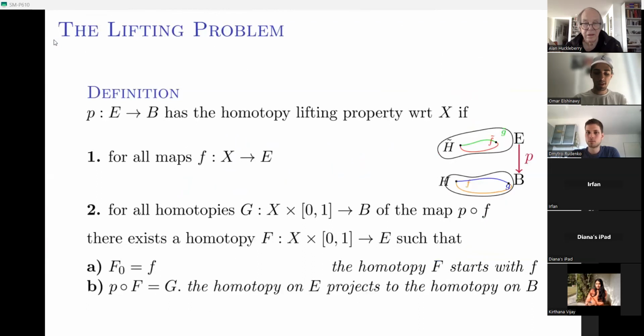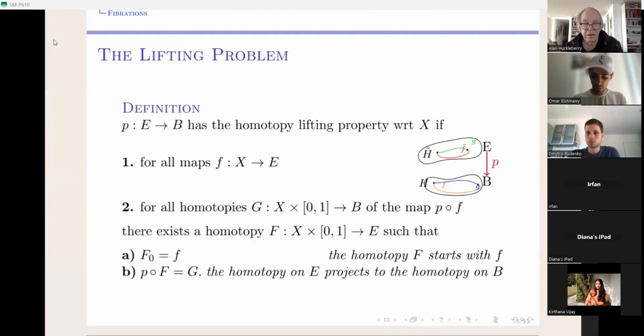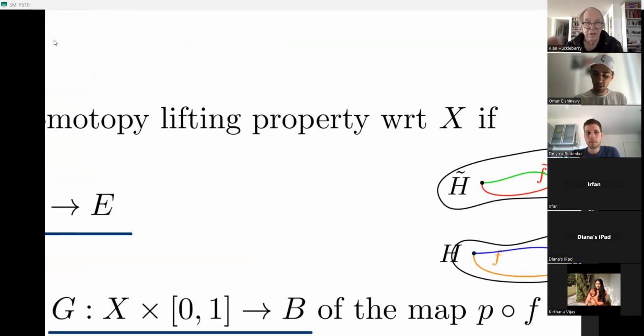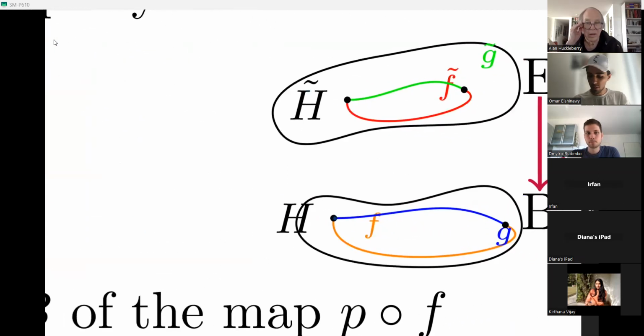And what it says basically is that if you have a map and you have a homotopy in the space B, and actually, this could be a typo, or not really a typo. I could write this, for example, as the projection of the upper path.